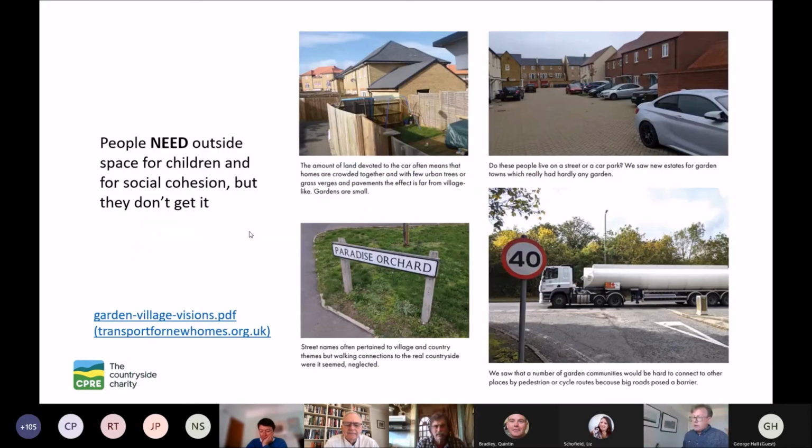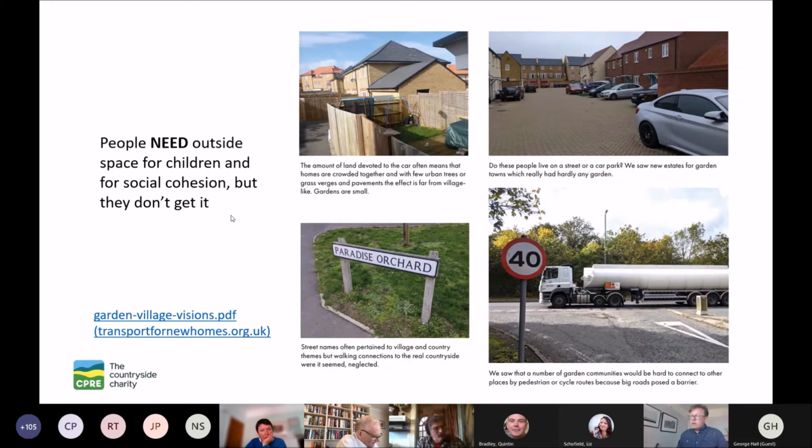A combination of car dependency and a lack of care for the design of spaces between buildings means that fundamental human needs for social interaction and for play are being undermined and ignored.